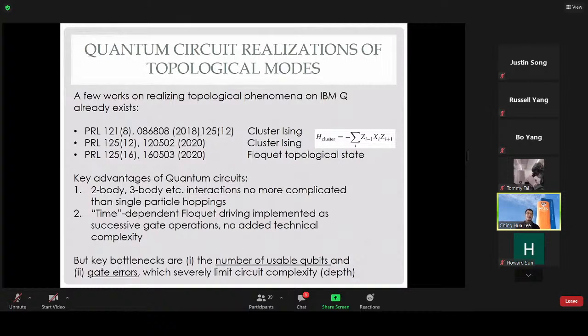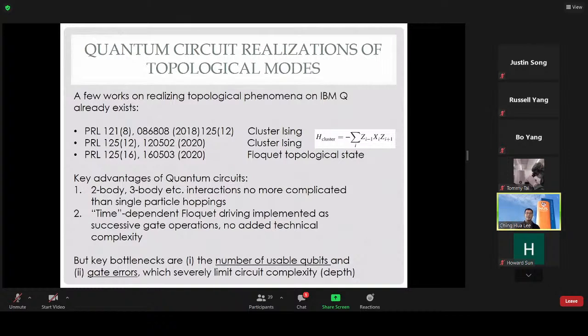Also for quantum computers, the implementation of time-dependent Floquet driving is almost of equal complexity to a static Hamiltonian simulation. When you simulate a static Hamiltonian, you do successive gate operations for the different unitary steps.